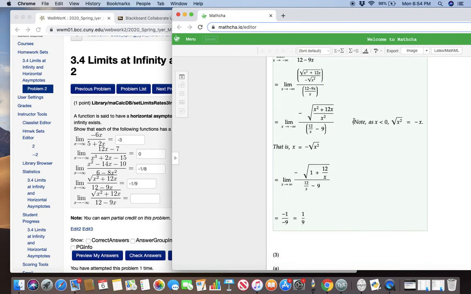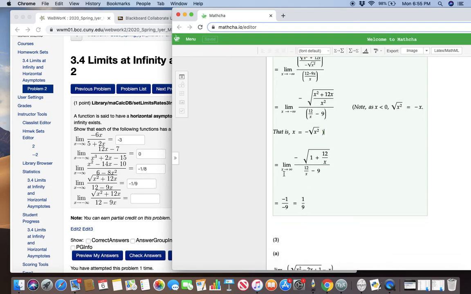I'm using this entire theory. This is an important theory to keep in mind. Division distributes. So x squared by x squared is 1. 12x over x squared is 12 over x. Downstairs, 12 over x minus 9. When I take the limit as x approaches negative infinity, it doesn't matter.